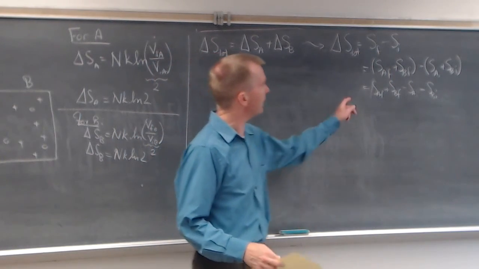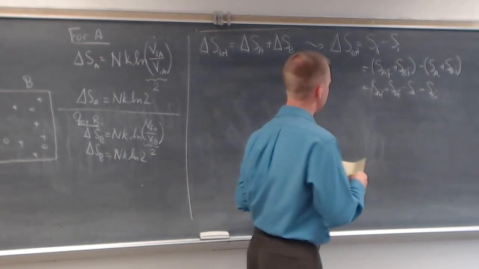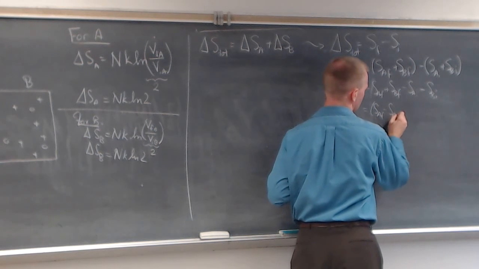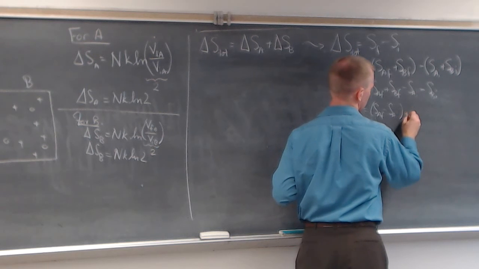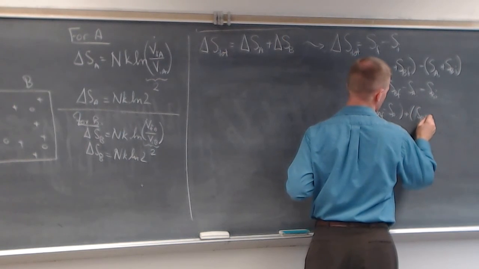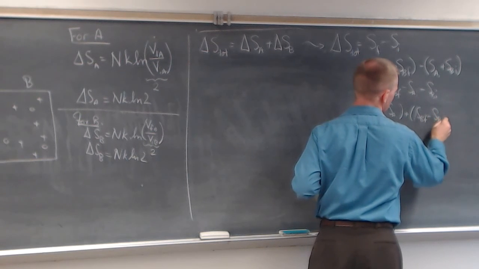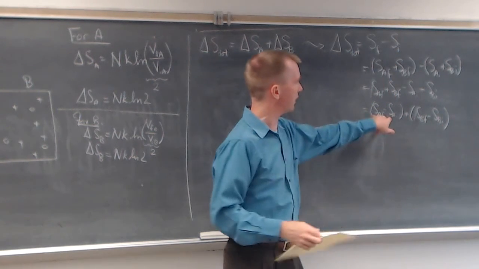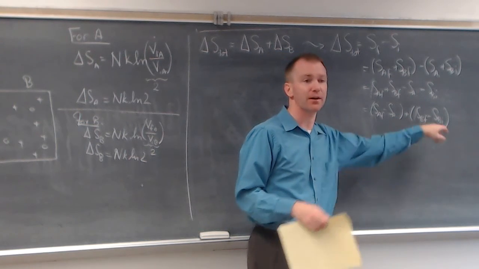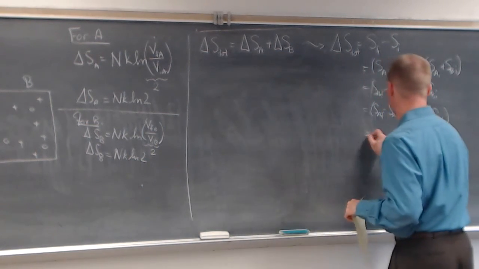Now I pair up the SAs and I pair up the SBs. So here I've got SA final minus SA initial plus SB final minus SB initial.